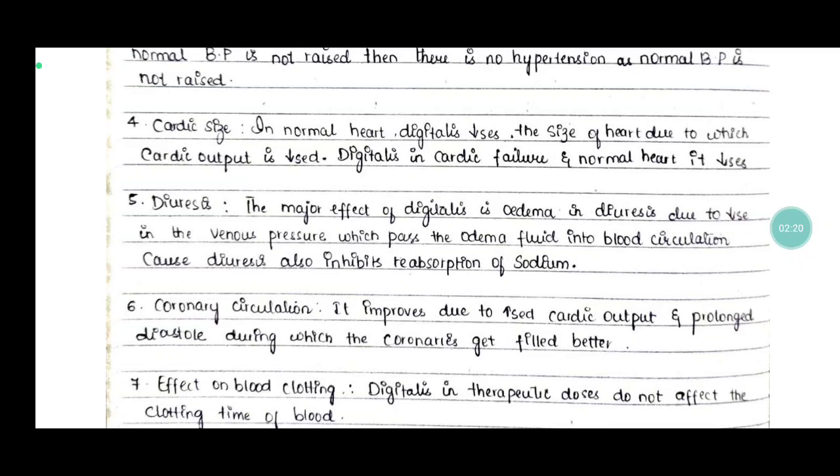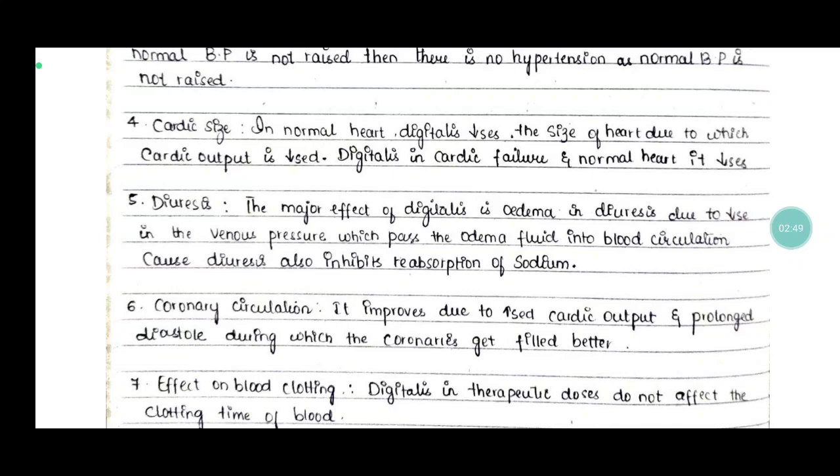Digitalis decreases the heart size in cardiac failure and in a normal heart. Then diuresis, where the major effect of digitalis is on edema. In diuresis, due to a decrease in the venous pressure, the edema fluid passes into the blood circulation, which causes diuresis, and it also inhibits the reabsorption of sodium.